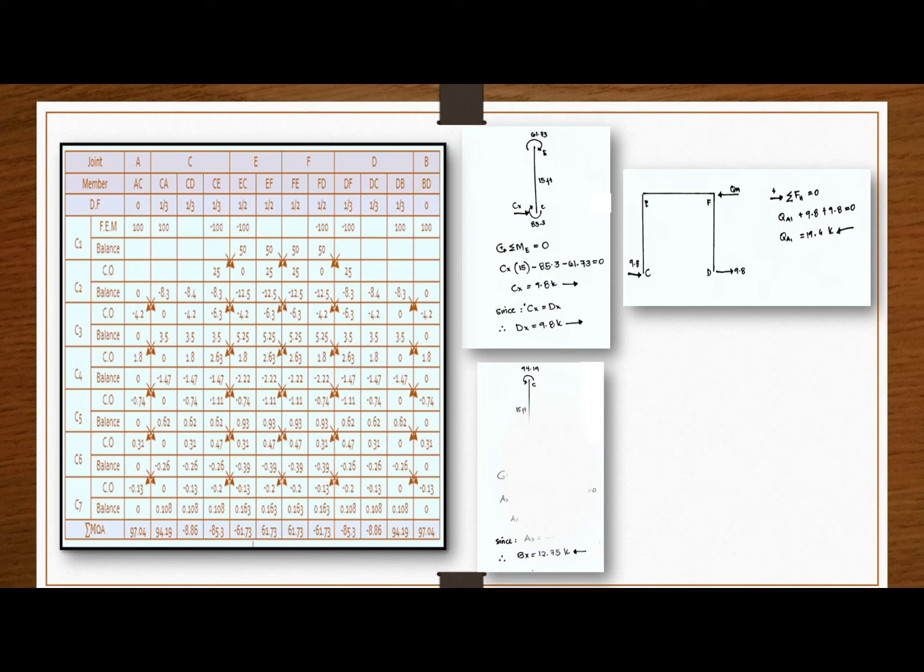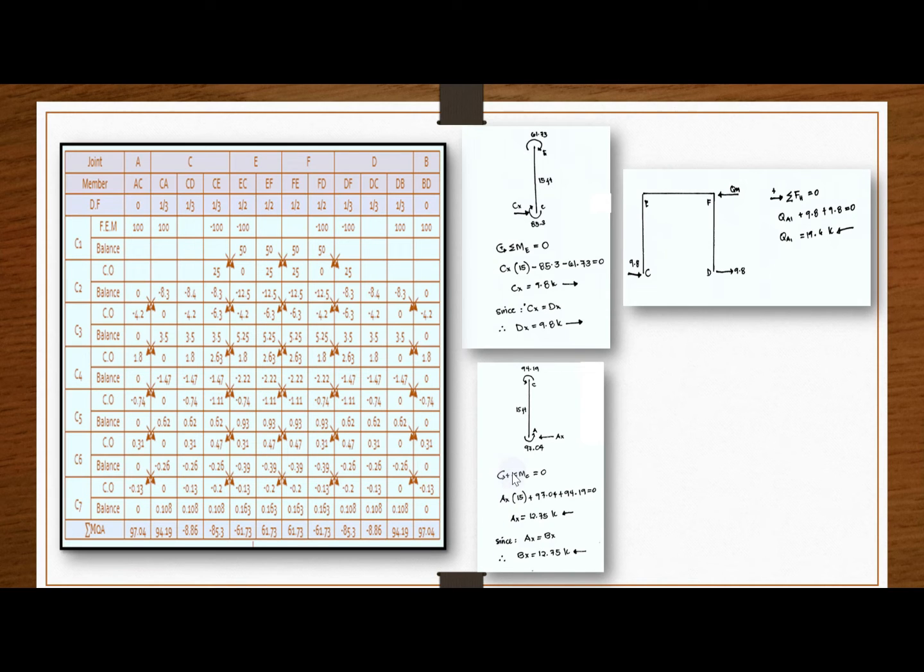Next is for our member AC. So C clockwise 94.1, and also here clockwise 94, also here clockwise 97.04. So the length of member AC is 15, same sa length ng CE.